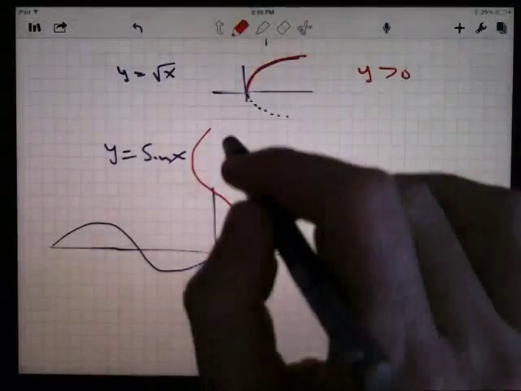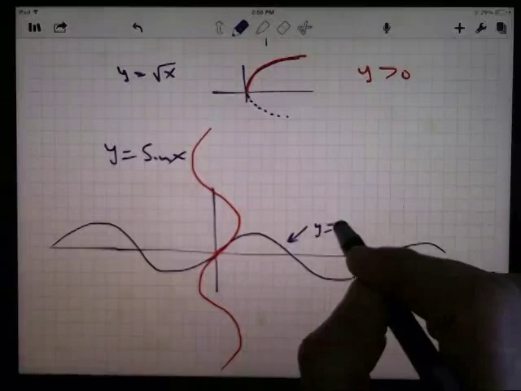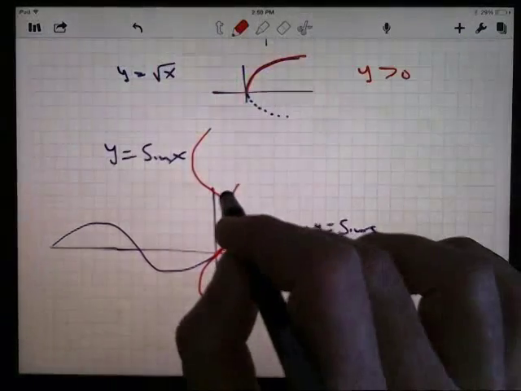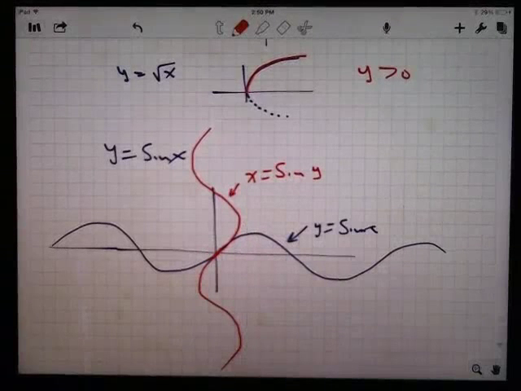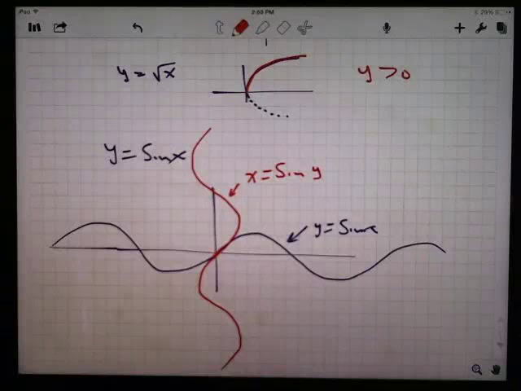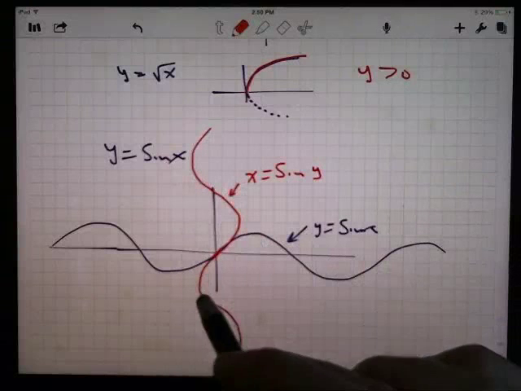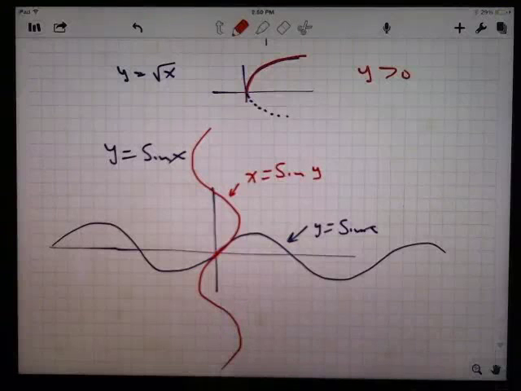So this in blue is the graph of y equals sine x. This in red now is the graph of x equals sine y. I don't want x equals sine y. I want y equals inverse sine of x. But this is not a function. It doesn't pass a vertical line test. There's just too many spots.